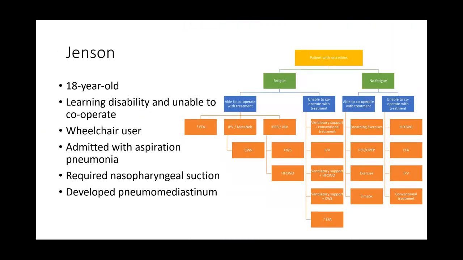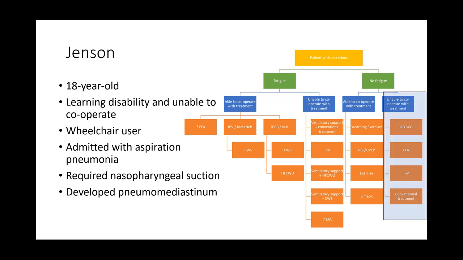If I look at another example of someone that I remember seeing, I've got Jensen. He's an 18-year-old who has a learning disability and he's unable to cooperate. He's a wheelchair user and he's got an aspiration pneumonia. He's been requiring nasopharyngeal suction, but unfortunately that's caused a track and he's developed a pneumomediastinum.